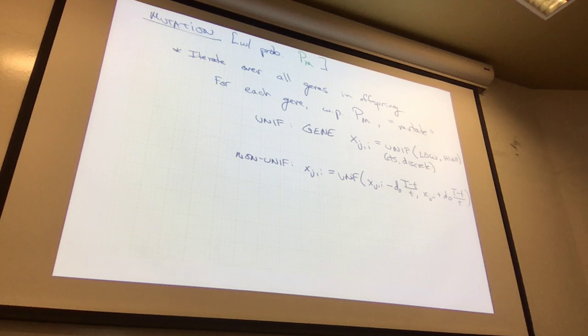I'm going to define T as my termination time step, and t as my current time step. D0 is just some parameter that is greater than 0.